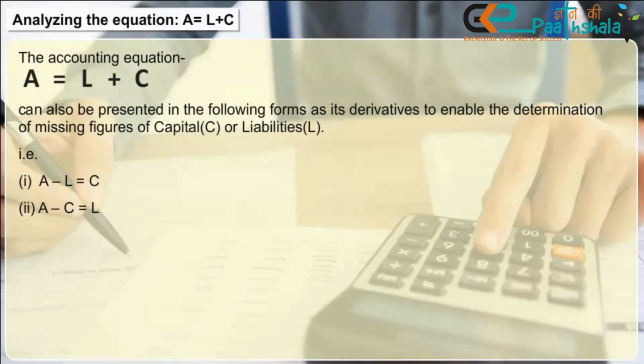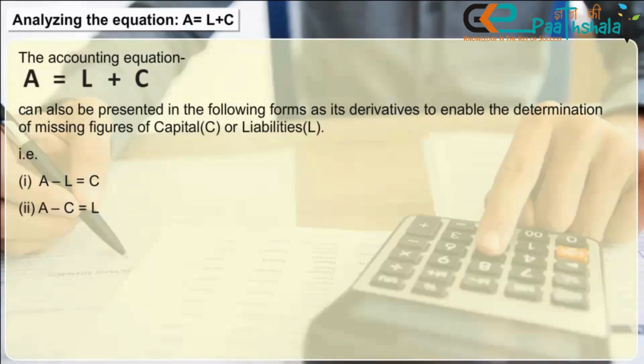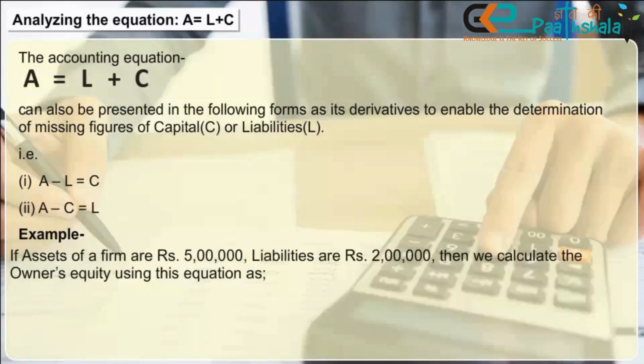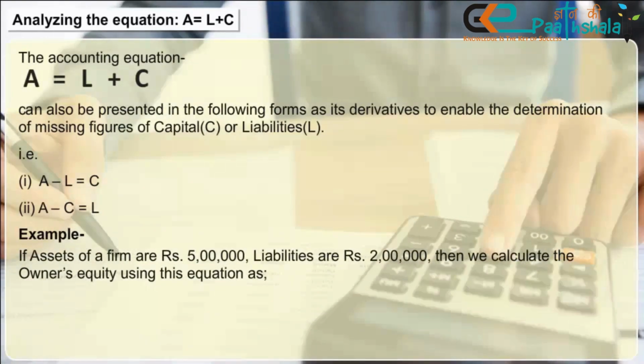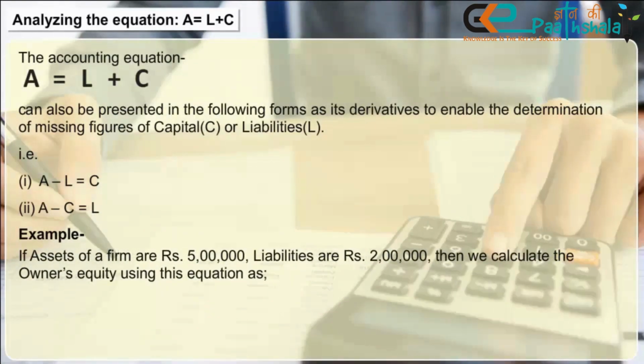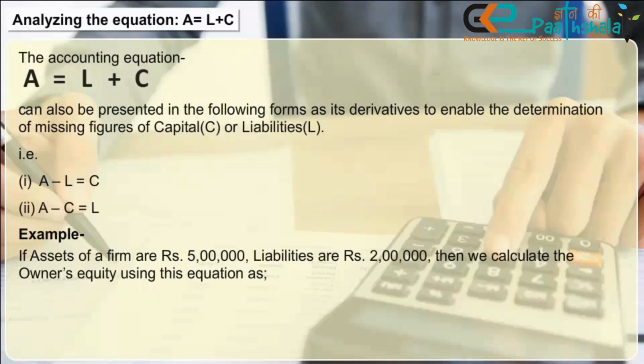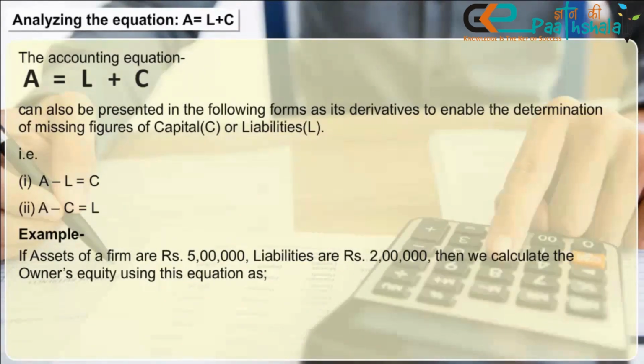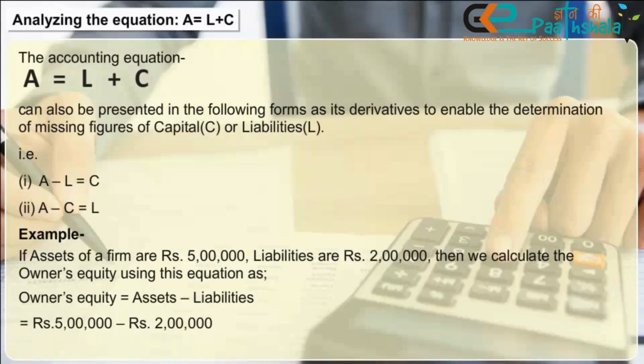A minus C is equal to L. Example: if assets of a firm are 5 lakh rupees and liabilities are 2 lakh rupees, then we calculate the owner's equity using this equation: owner's equity is equal to assets minus liabilities, which is 5 lakh rupees minus 2 lakh rupees, equal to 3 lakh rupees.